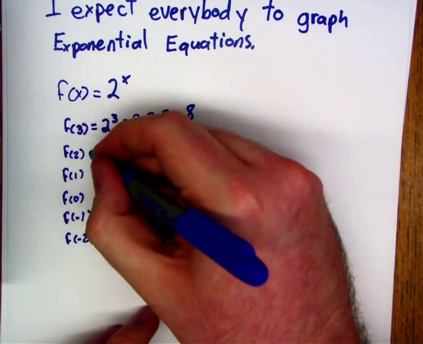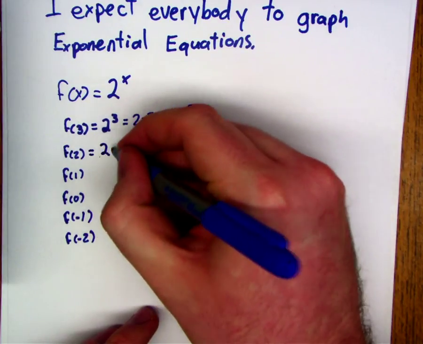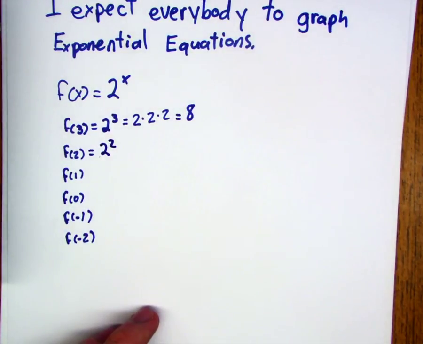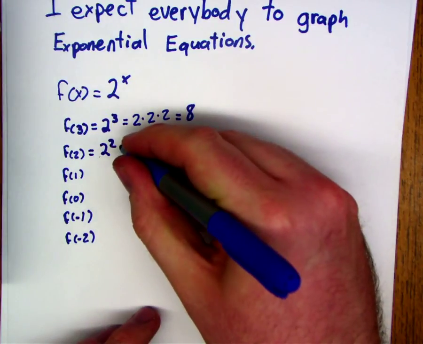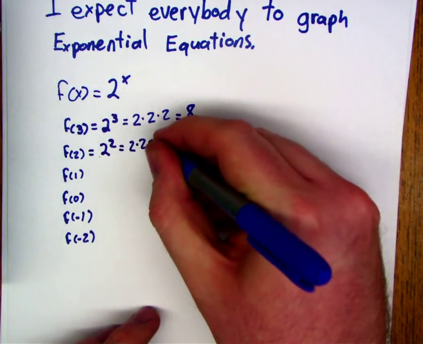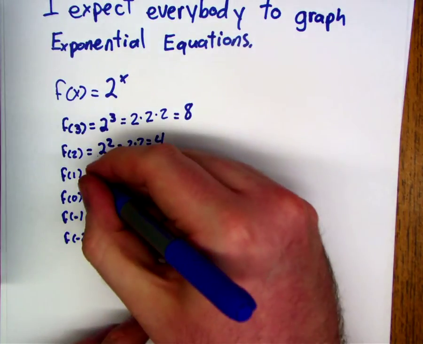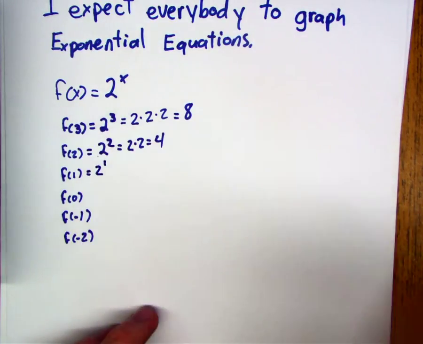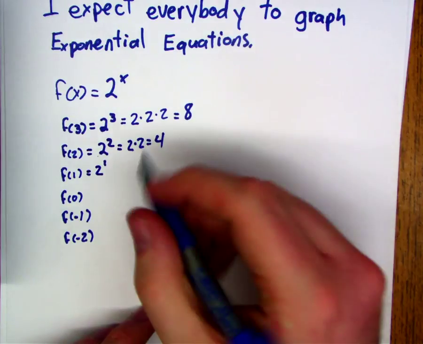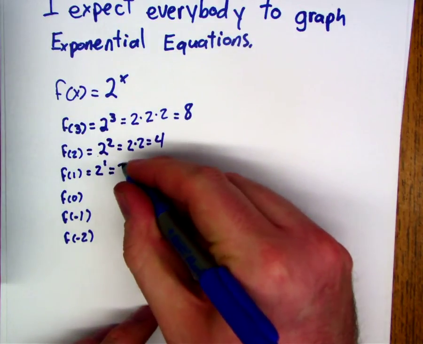Alright, so f of 2, that is equal to 2 squared, which means just 2 times 2, which is equal to 4. F of 1, that's equal to just 2 to the 1. So it's just 2 times itself one time, which means it's 2.